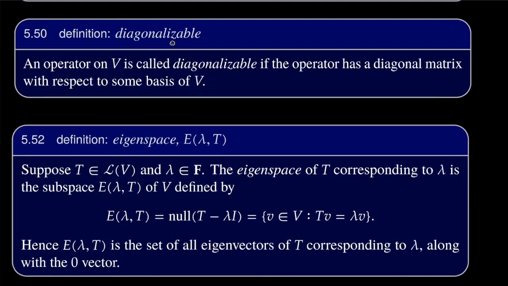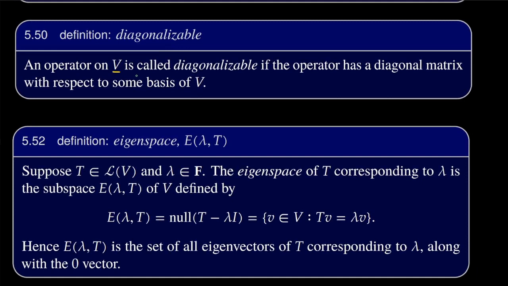An operator on a vector space V is said to be diagonalizable if there is a choice of basis that gives that operator a diagonal matrix when you take the matrix of that operator with respect to that basis. Basically the same kind of thing as before.